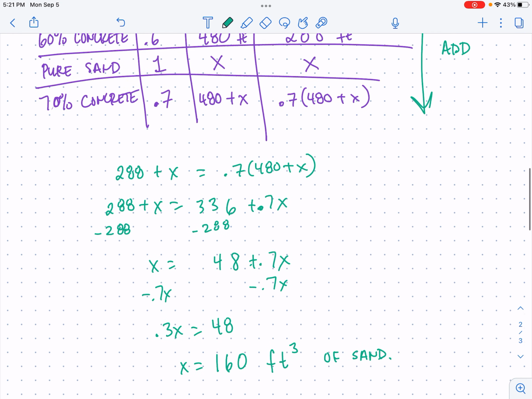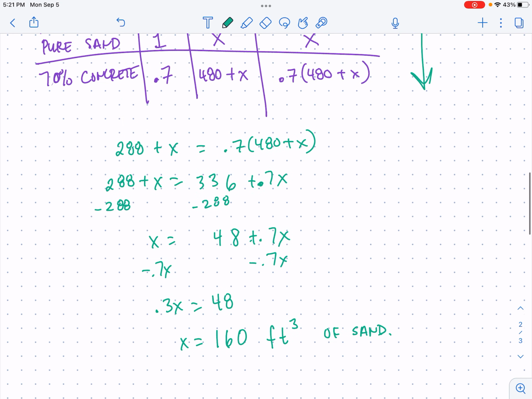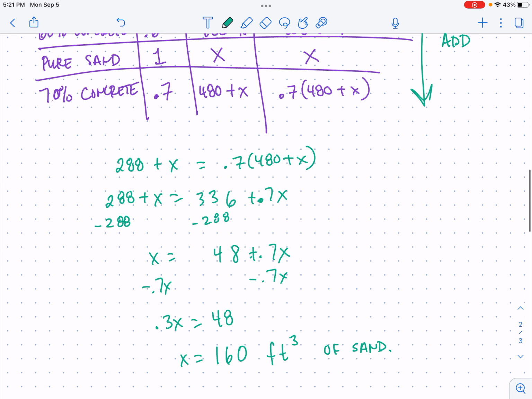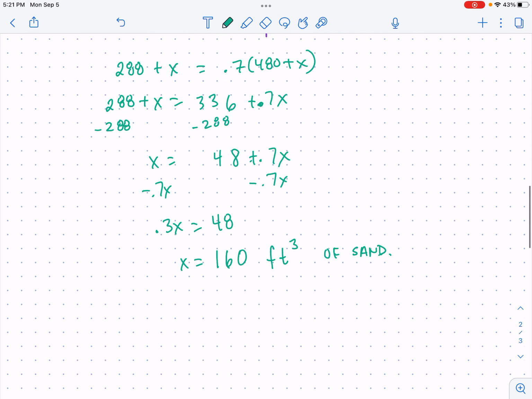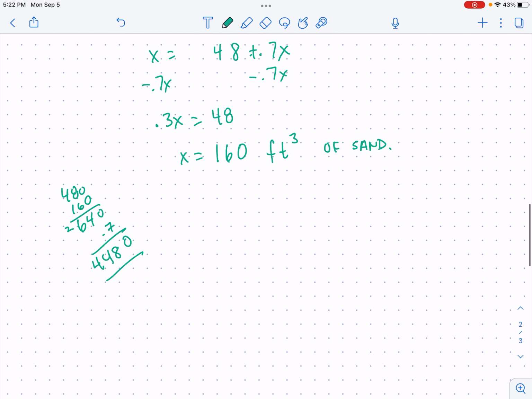And we could do a quick check. If we add 480 plus 160, that's 640 cubic feet total, times our 0.7 is 448, which, that's not right.